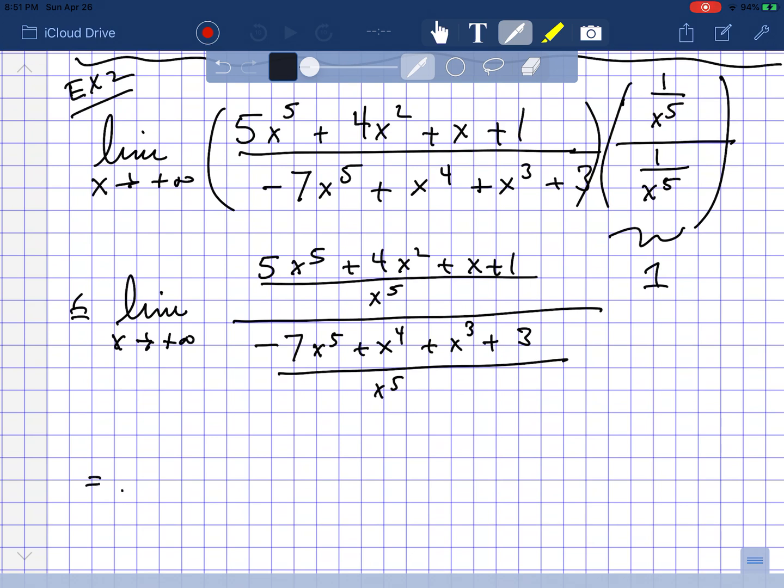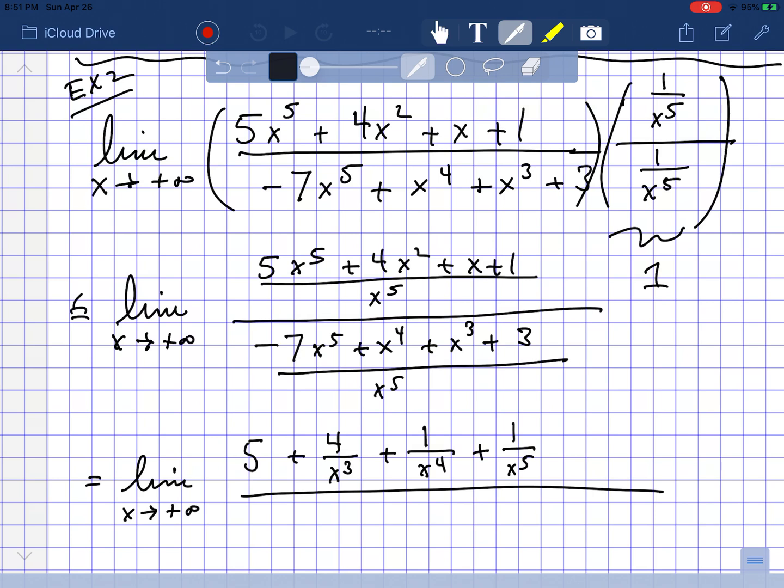And now this is equal to the limit as x goes to plus infinity of 5 plus 4. So I'm dividing x to the 5th into x squared. That's going to give me 1 over x cubed plus the next term is going to be 1 over x to the 4th. And then the next term is 1 over x to the 5th.